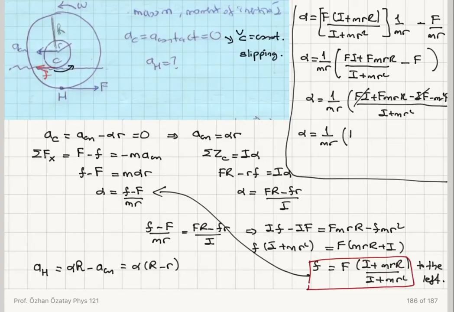So alpha is 1 over mr. Fi's will cancel. F mrr minus mr squared F divided by I plus mr squared. So I can probably multiply this by 1 over mr, it will give me a simpler answer. It will be F R minus F small r divided by I plus mr squared.